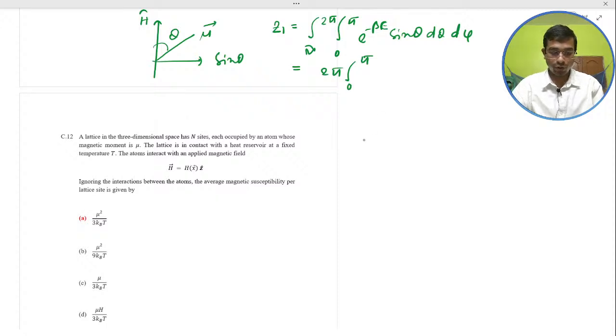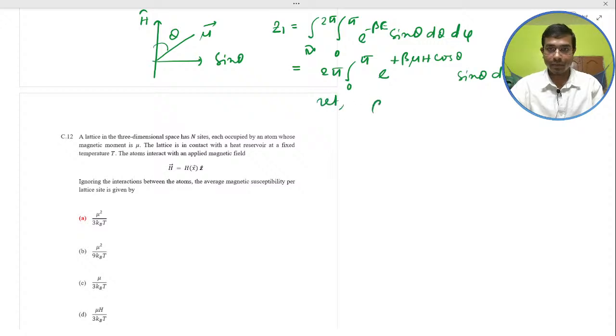So it will become integral 0 to pi e to the power, put this value of E, plus beta mu h cos theta, sin theta d theta.